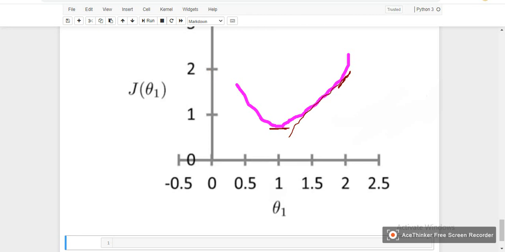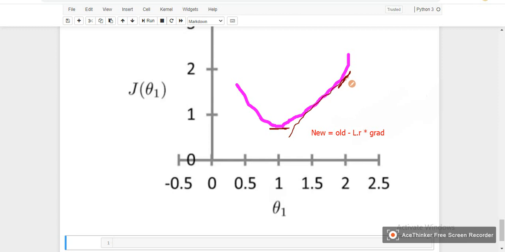Gradient descent is mathematically represented as follows: the new value of theta equals the old value of theta minus LR, the learning rate of the algorithm, times the gradient of this cost function, which is the derivative.